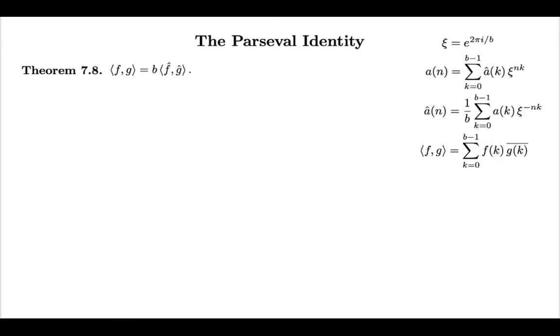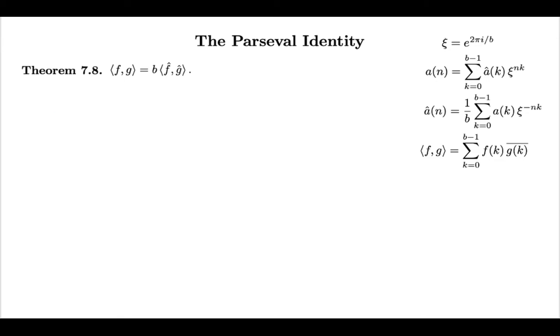It says the inner product of f and g is, up to a factor of b, equal to the inner product of f hat and g hat, the Fourier transforms. And if you think of the inner product as philosophically measuring a distance, then what we're saying here is that the distance of the original functions equals the distance of the Fourier transforms, again up to a factor of b.